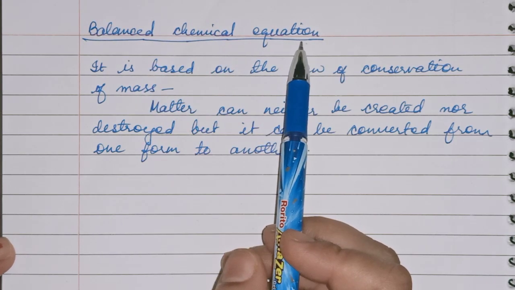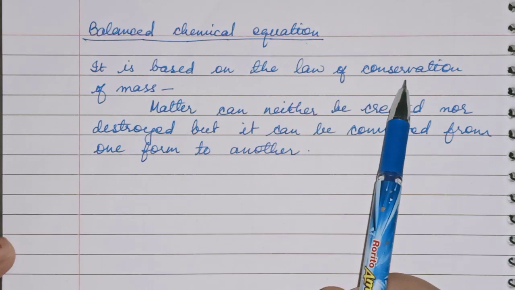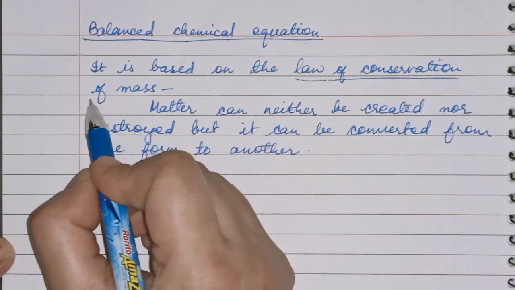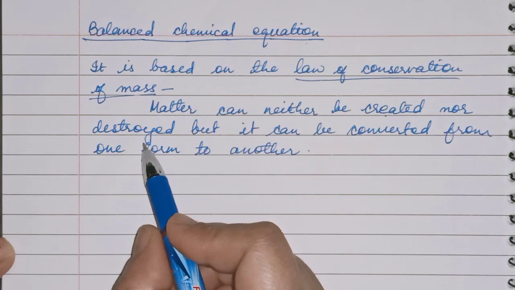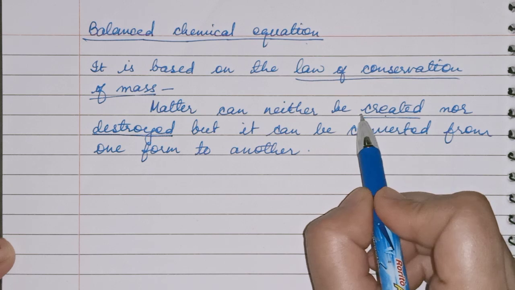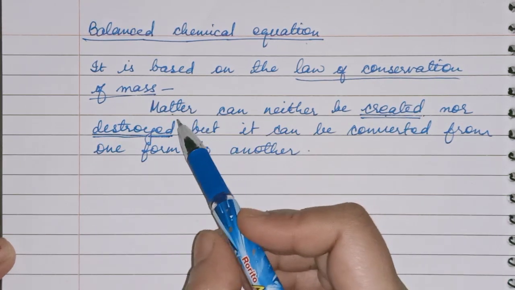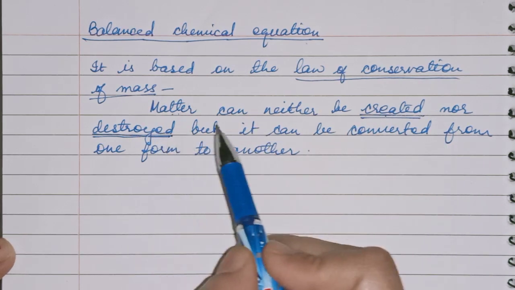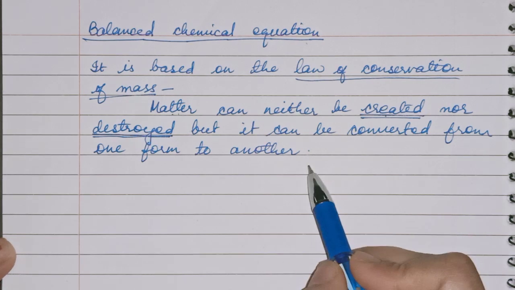The balanced chemical equation is based on one law, that is the law of conservation of mass. This law states that matter can neither be created nor destroyed. That means you cannot create any matter or completely destroy any matter. So it states that matter can neither be created nor destroyed, but it can be converted from one form to another form.